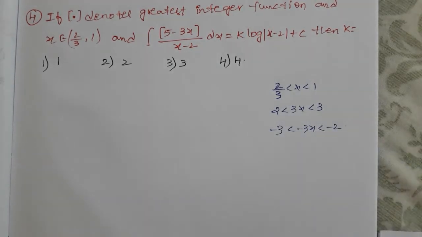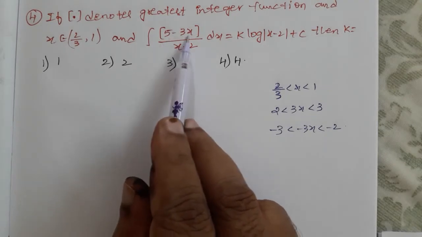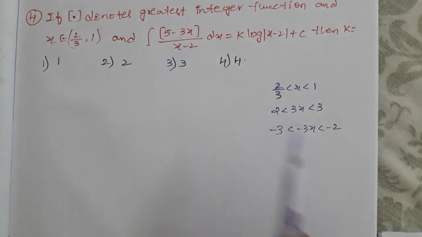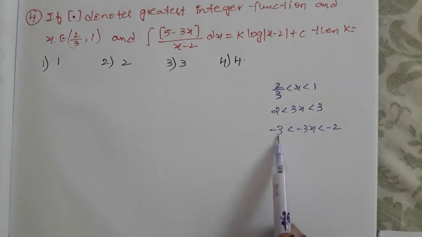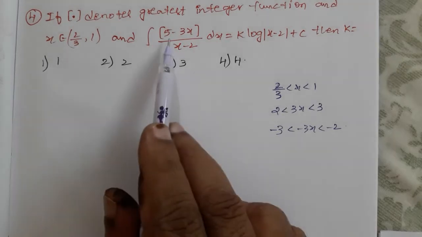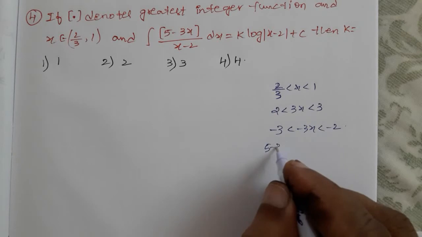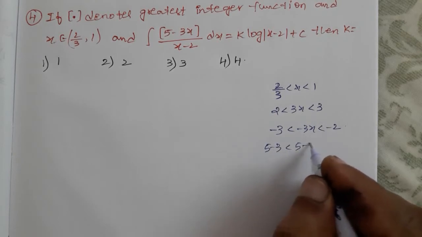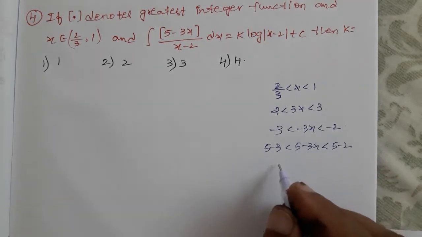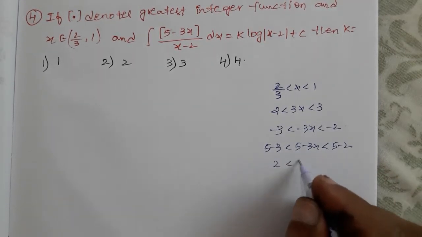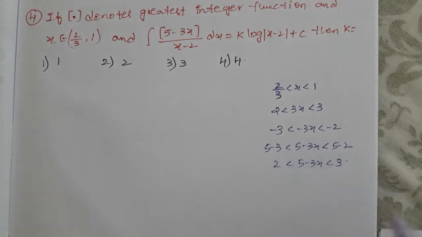In the problem we are required to calculate the value of [5 minus 3x]. We already calculated that minus 3x is in the range of minus 3 to minus 2. Now we have to add 5, so 5 minus 3 less than 5 minus 3x less than 5 minus 2, which means 2 less than 5 minus 3x less than 3.